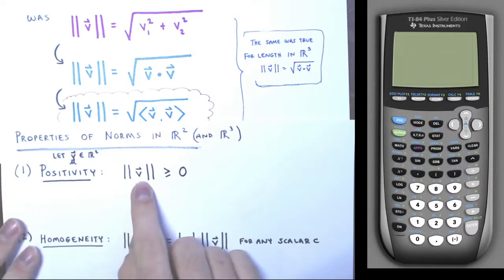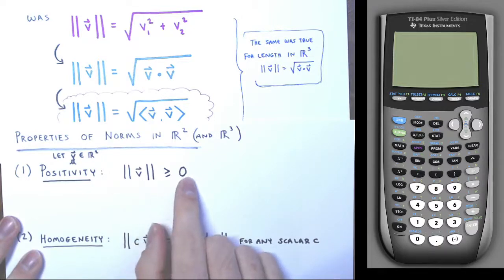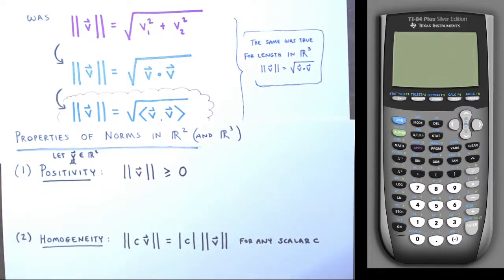And with the dot product as our inner product, you would see that the only vector with a norm or a length equal to 0 in R2, R3, Rn is the 0 vector itself. Any non-zero vector is going to have a norm greater than 0.